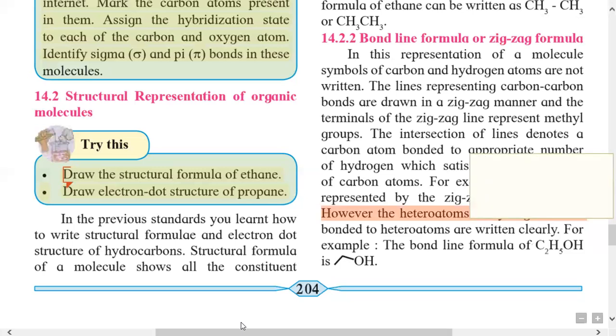I will show this line here, that is a single line. At one end of this line there is a CH3 group, and at the other end one more CH3 group. So this is CH3 single bond CH3.